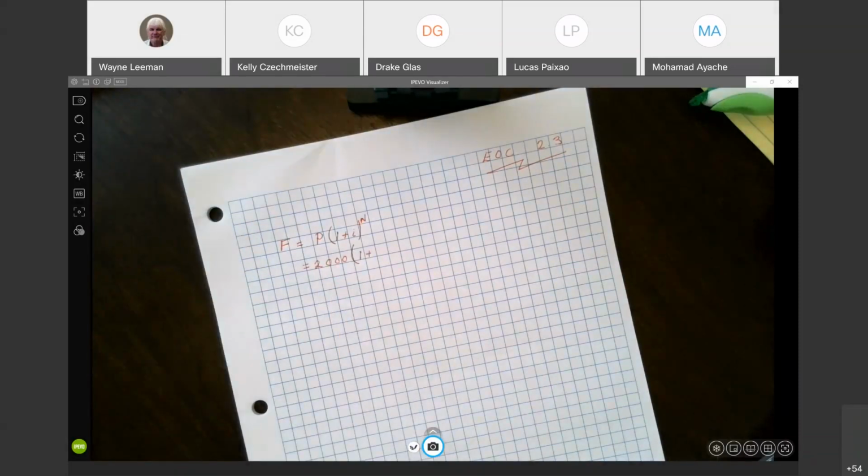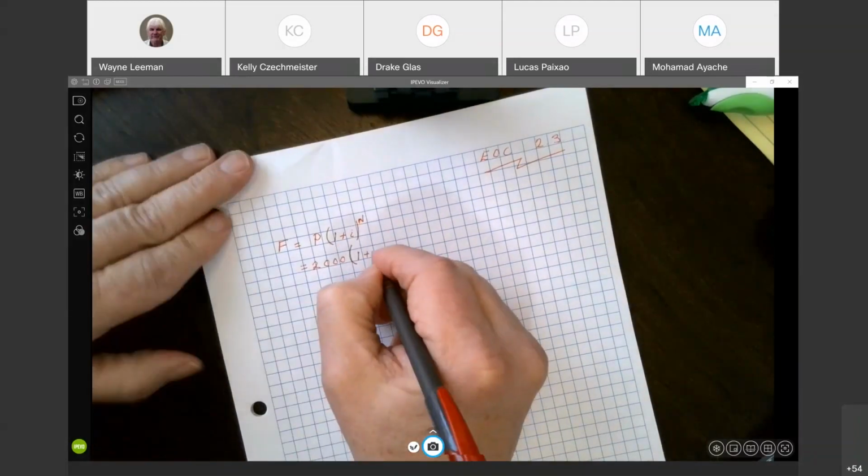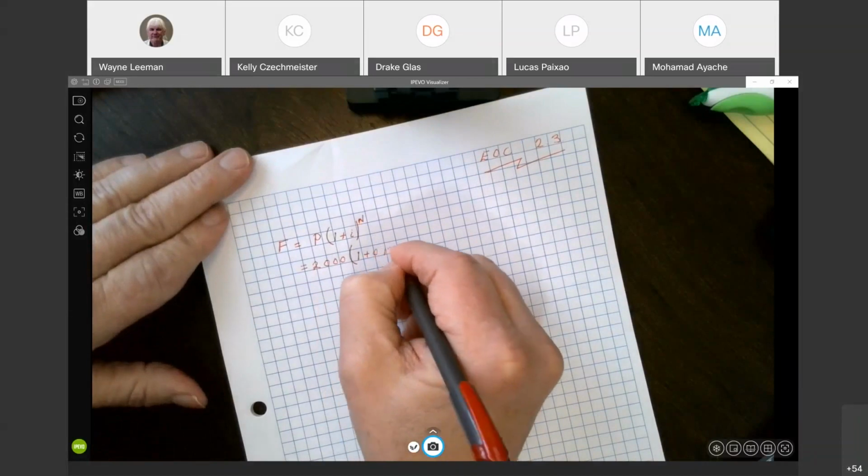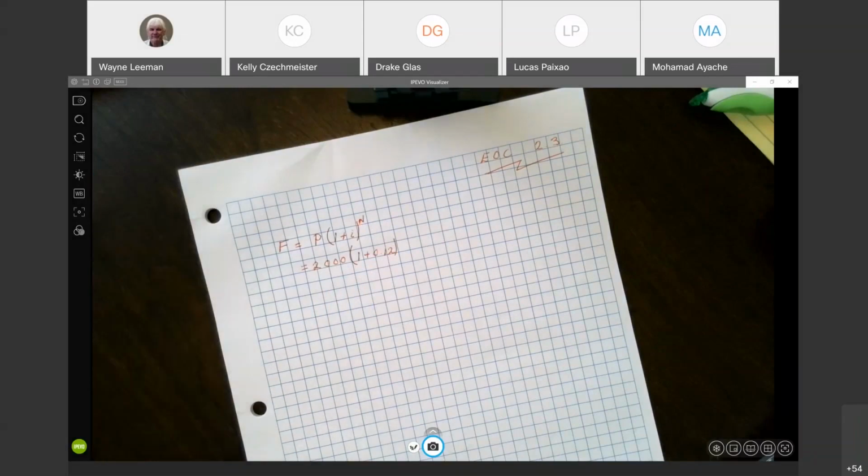Again, I'll mention here that a capital I would be the interest amount. So be careful with that. And the interest rate here is 12% per annum. So 12%, and we will work that as 0.12, a decimal representation of 12%.